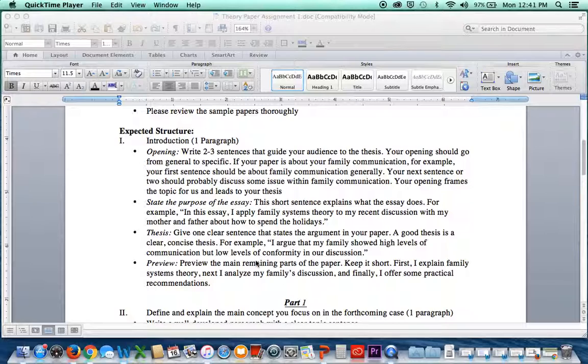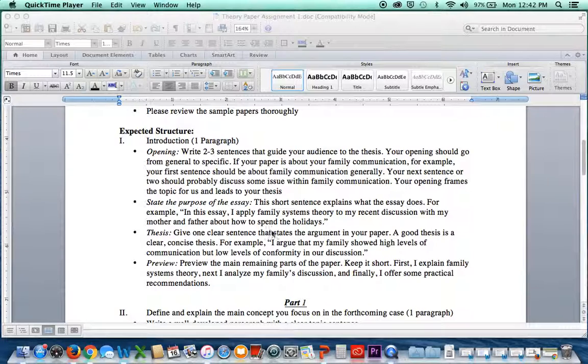So here's a basic overview. You're going to have an introduction, a body, and a conclusion. In your introduction, which is 1 paragraph, you have an opening that's 2 to 3 sentences that gets you into the flow of the topic, and then state the purpose. I'm not going to read every single sentence here. I want you to read over this carefully. This is just an overview video. Then give your thesis statement. This is your claim, your description about what was happening in the case, in the situation in your life.